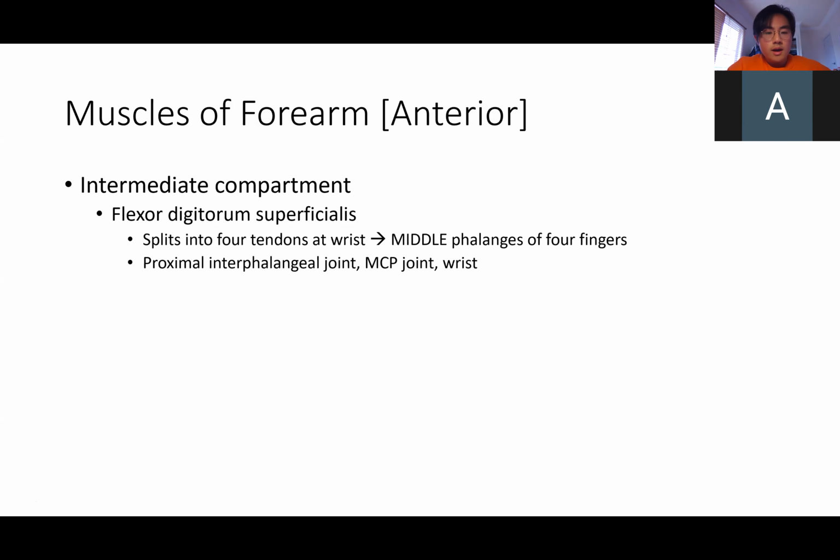So we've got 3 phalanges, 1, 2, 3. We've got 2 interphalangeal joints, a proximal interphalangeal joint and a distal interphalangeal joint. The superficialis only does the proximal one. We'll find out that the profundus does the distal one. So this is high yield to remember. Superficialis does only the proximal one.